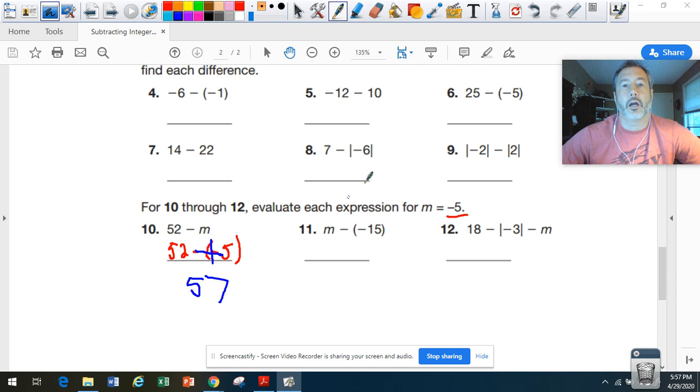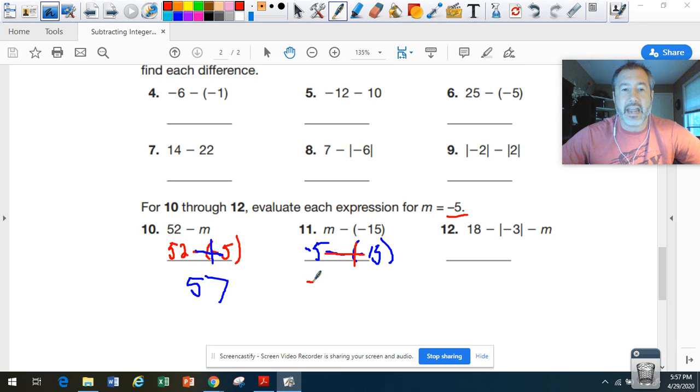Very good. Okay, so now fill this in here. Let's see what we have here. I have M, -5, minus, parentheses, -15. As you see here, I have two negatives together here. Draw your line, connect them. Put your other line down, you got a plus.